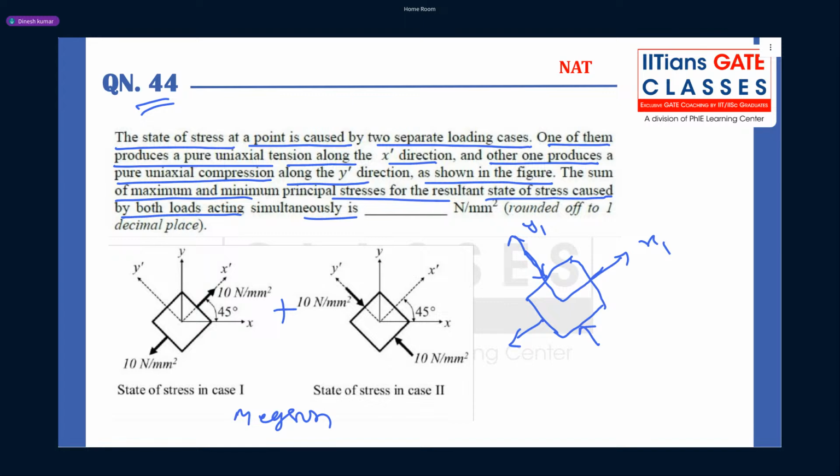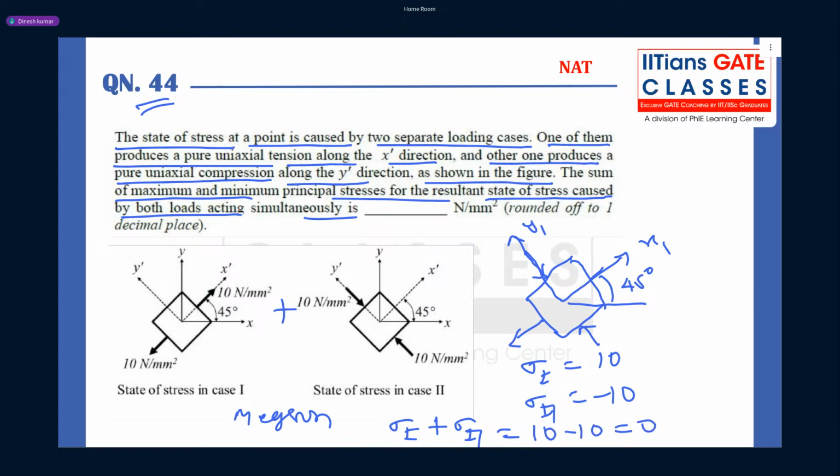Now you can see this angle is 45 degrees. If there is no shear in this orientation, that means these given stresses are your principal stresses. So your sigma 1 is 10 and your sigma 2 is minus 10. Now they ask for the summation of sigma 1 plus sigma 2. So you can see 10 minus 10 equals 0.